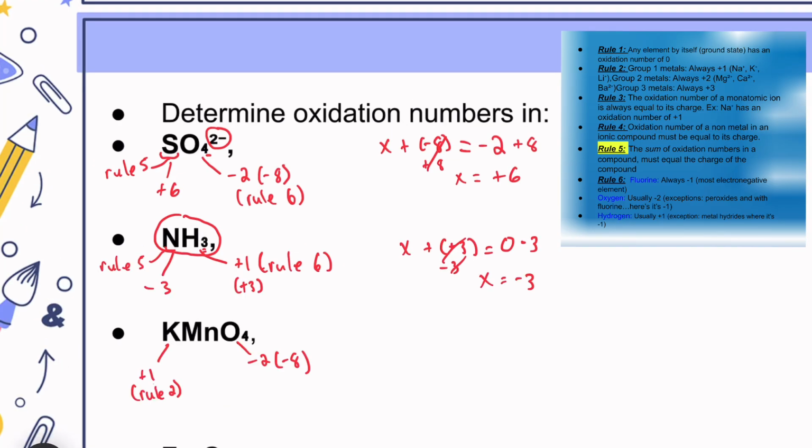The only one that we don't know, for which there's no direct rule, is manganese, because it's not in groups 1 to 3, and it doesn't allow for Rule 6 to be used at all. So whenever there doesn't seem to be any of the rules that directly apply, that means that Rule 5 is to be instated.